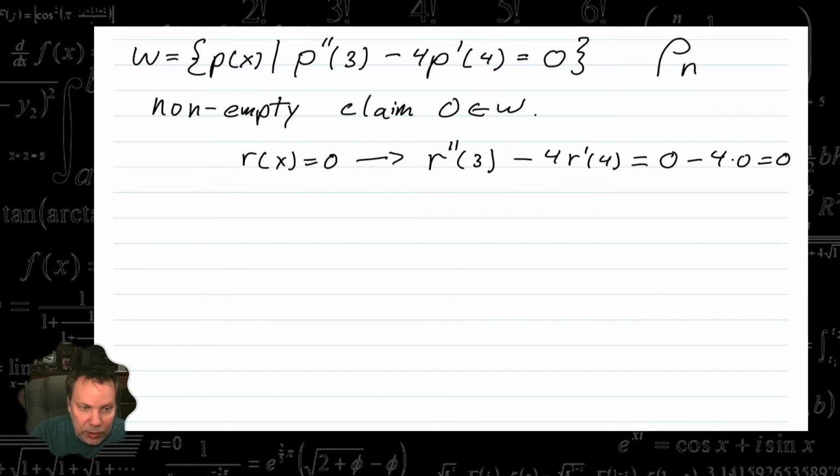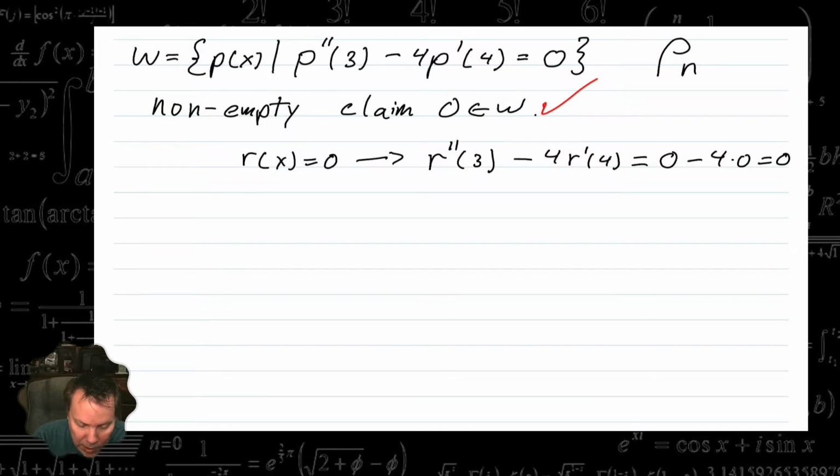Because if r is 0 to begin with, the first derivative and the second derivative are equal to 0. So I already know that the 0 vector is an element of W, so this is not empty.